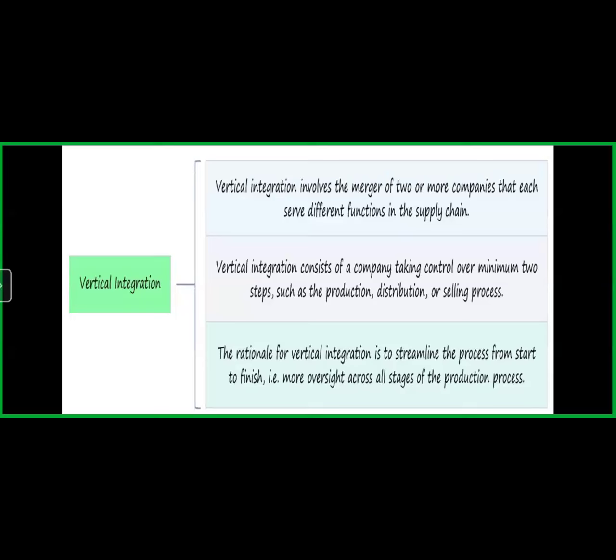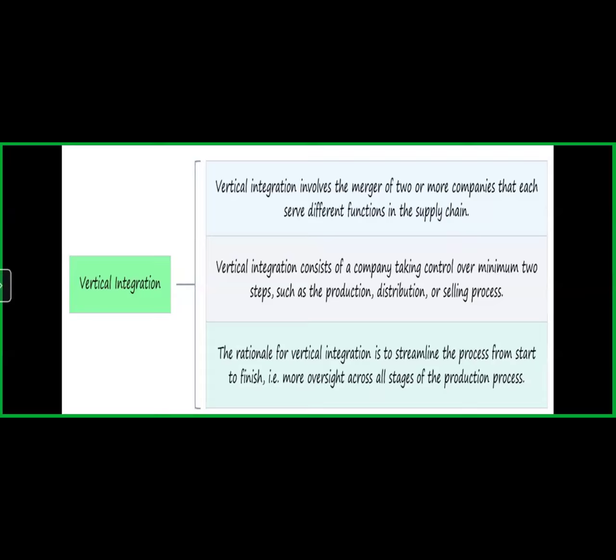So it is very similar to what we had discussed: when the company comes to know that we are becoming dependent on third parties, and if the company has enough money, it wants to be in command of more of the steps. For example, raw material.